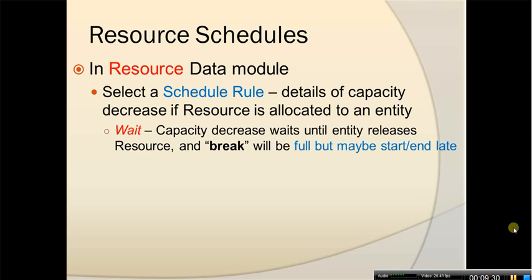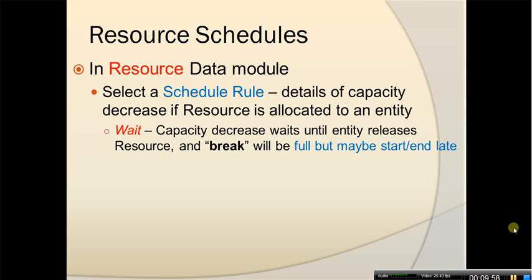So wait is basically a schedule rule that decreases the capacity only after entity releases a resource, right? So first it waits for entity to finish processing, and then when entity releases a resource, then the capacity is decreased.